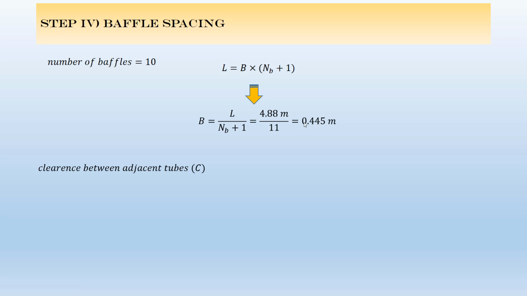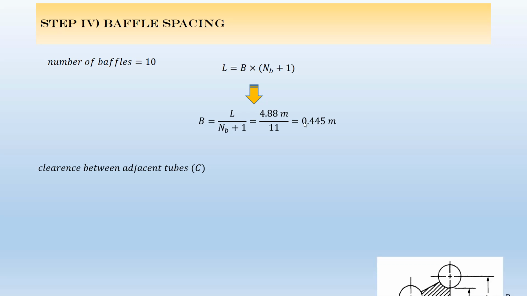0.445 meter. Also you need to find the clearance between adjacent tubes. Remember that we will use B and C to find the characteristic area and also the characteristic velocity. We already discussed that the area is not constant in the baffle, so we need to define a characteristic area and characteristic velocity to find the Reynolds number.